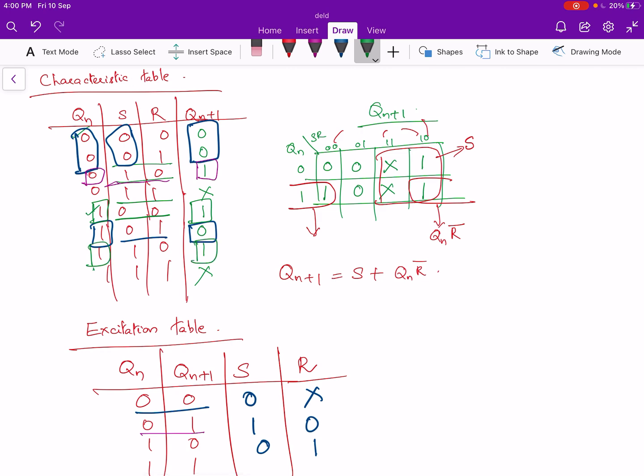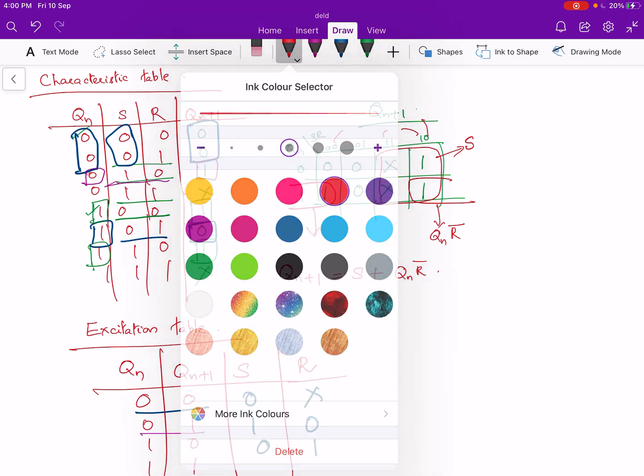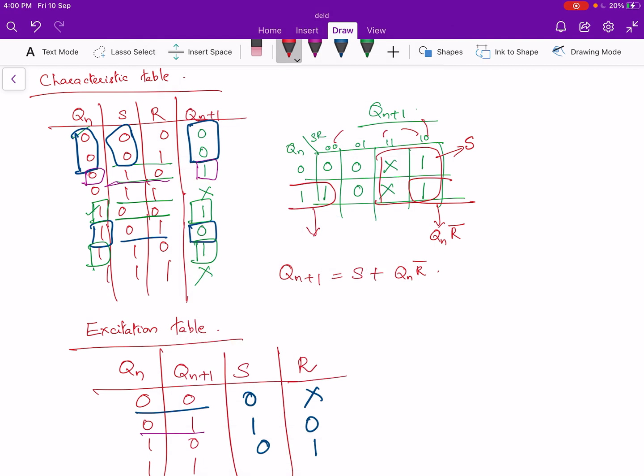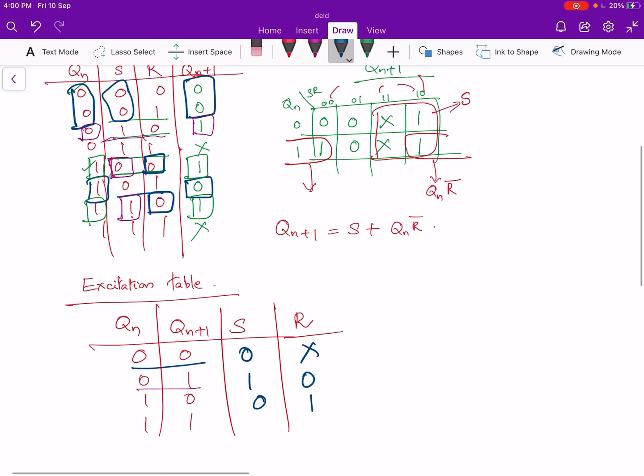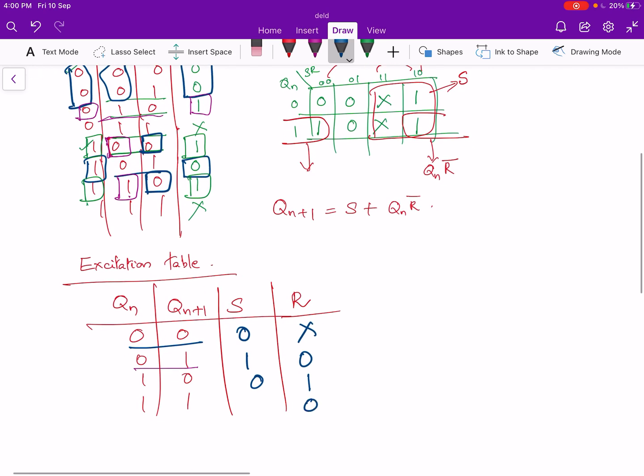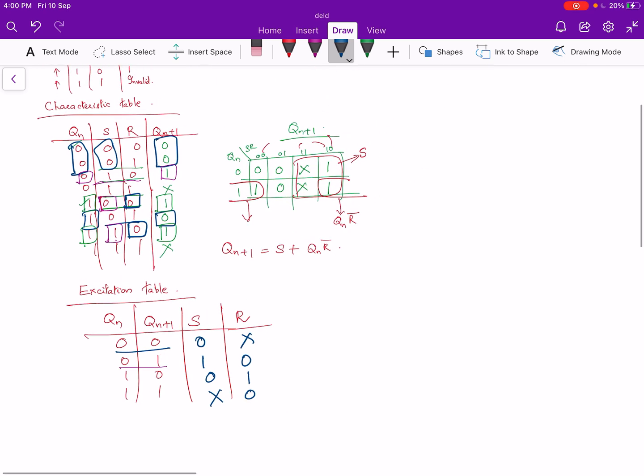For these two cases, S is 0 for one case and 1 for the other case, and R is 0 for both the cases. So we can write R as 0, but S is 0 for one case and 1 for the other, so we can write S as don't care. So this is the excitation table.